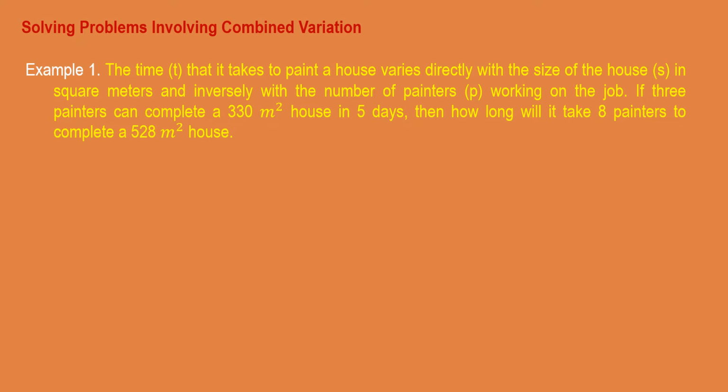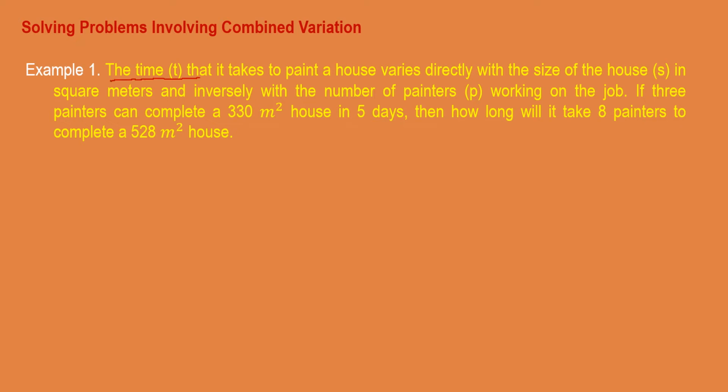If 3 painters can complete a 330 square meter house in 5 days, then how long will it take 8 painters to complete a 528 square meter house? So we will use the variables t for time, s for the size of the house, and p for the number of painters working on the job.